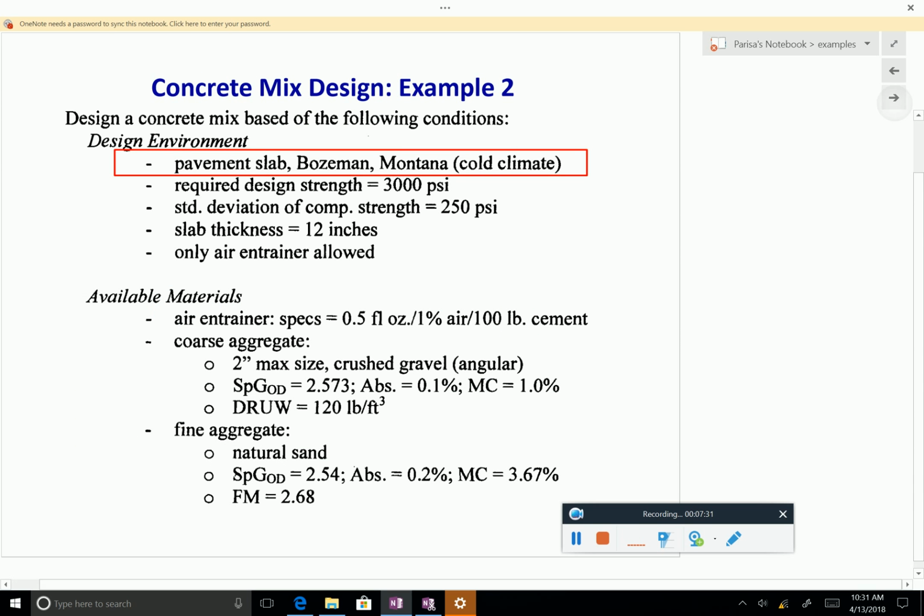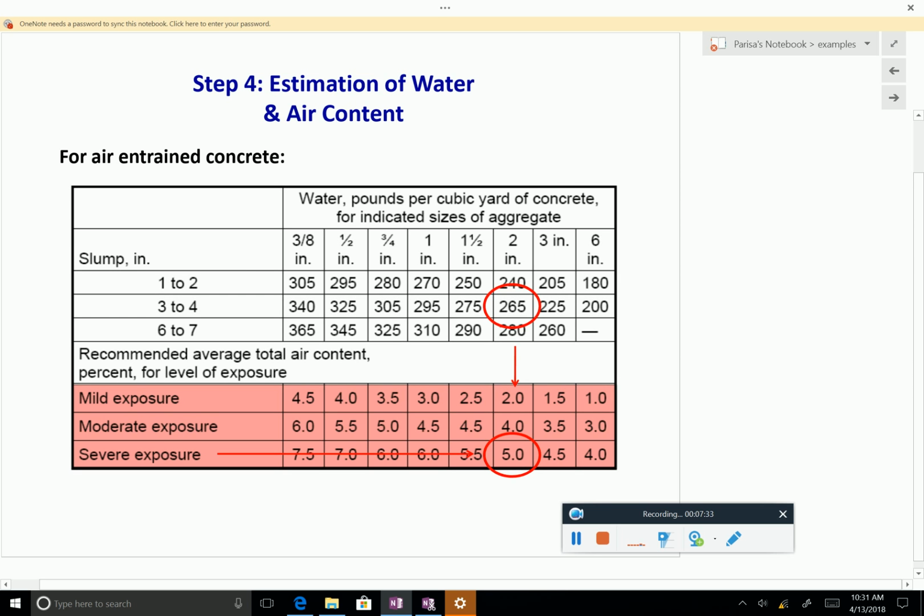This is Montana. And possibly severe. If it is not very obvious to you, for whatever reason, if you don't know where Montana is or whatever, you can just make an assumption, write it down. Don't worry about it.